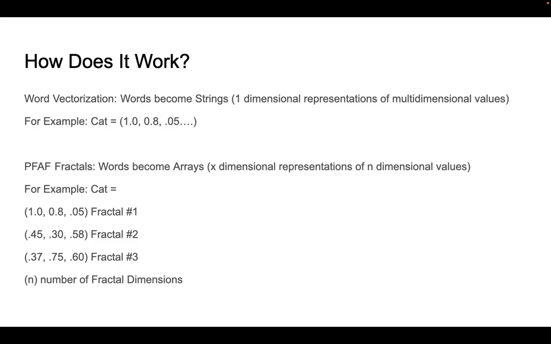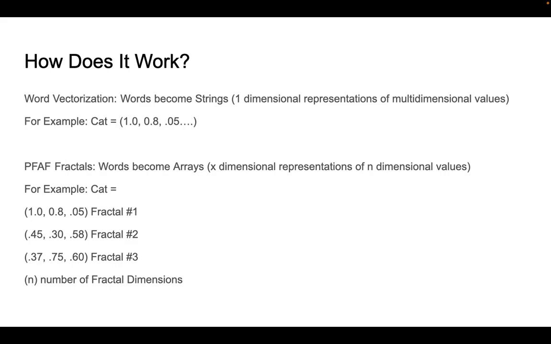It's not doing the semantic relationship of words in a sentence and counting the number of words. You need two word vectorization systems for that, right? And so PFAF fractals essentially tries to solve that by saying, okay, you can utilize one equation and one PFAF fractal, and then be able to do whatever equation that you want.